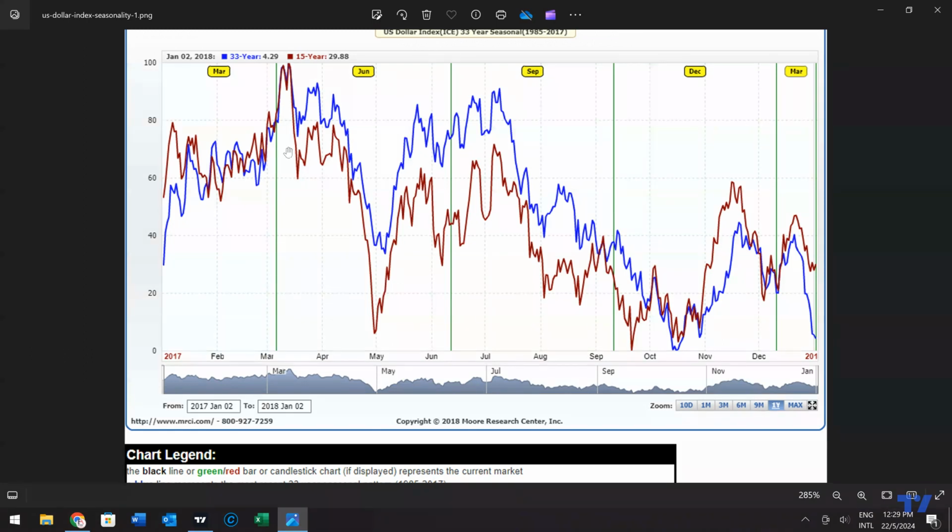So, if you do your analysis, besides the seasonal tendencies, and you're expecting bearish price action on the dollar, and you see the seasonal tendency is likely to have a bearish dollar as well, this is a confluence to your analysis, right?